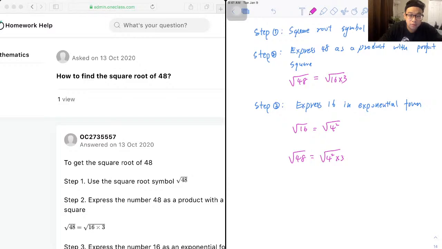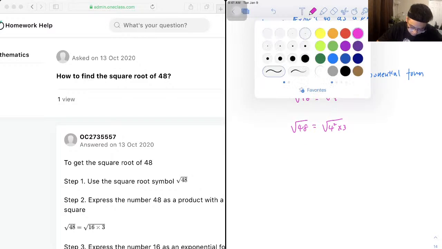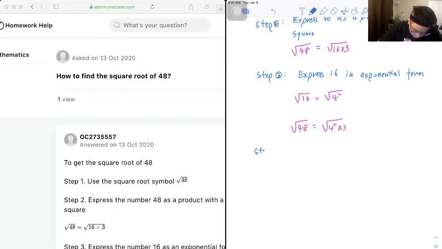So our step 4, we can cancel out the square and square root.